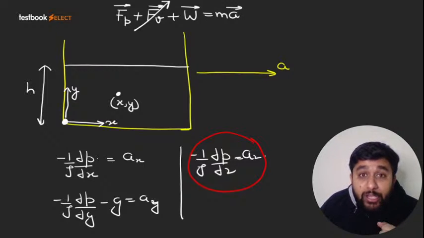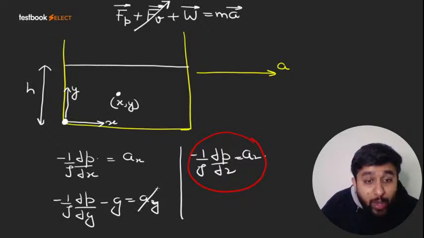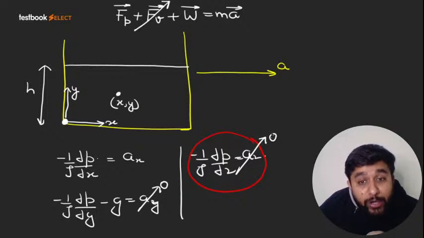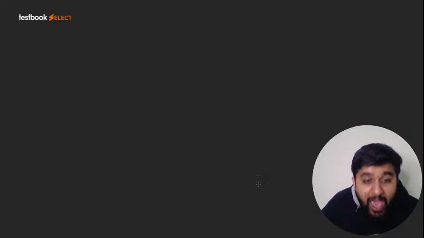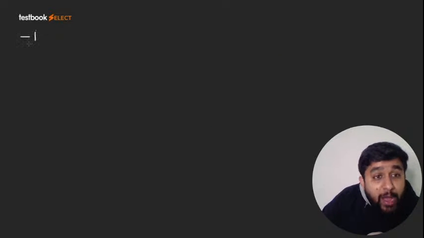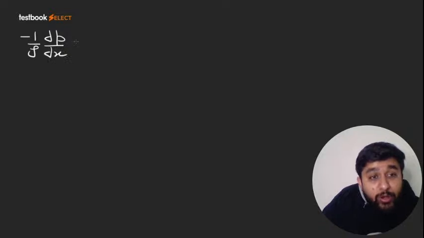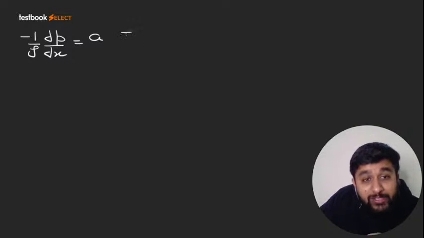Now have a look. In this particular case, the container is moving along horizontal direction. So acceleration along y is going to be 0. Acceleration along z is going to be 0. So what we have with us is minus 1 by rho del p by del x is equal to a. So you can say that del p by del x is equal to minus rho a.